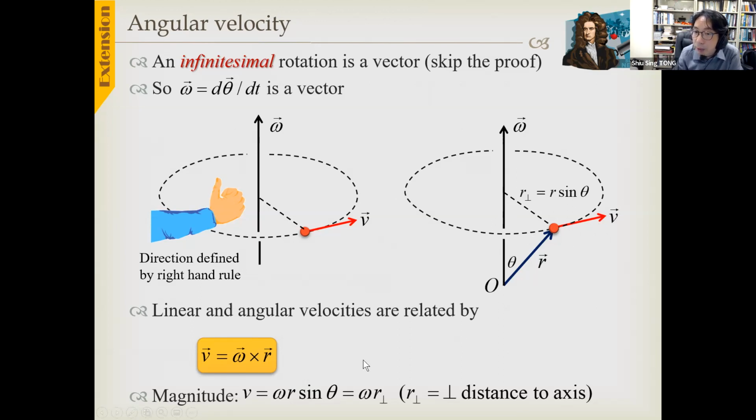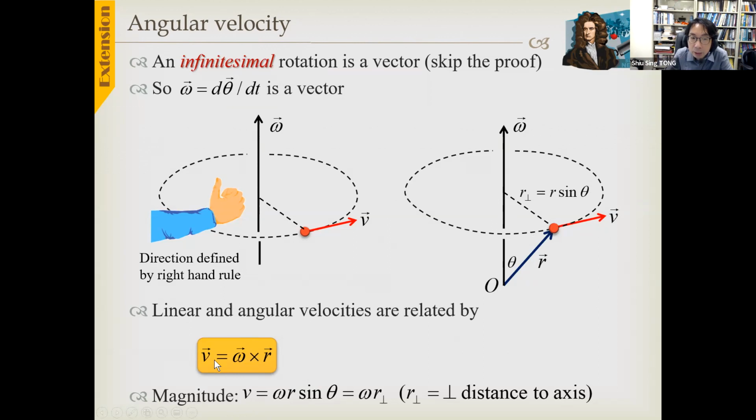So this formula is correct in terms of the direction. The direction of omega cross with direction of r actually gives me the direction of v, which is tangential to the circle.